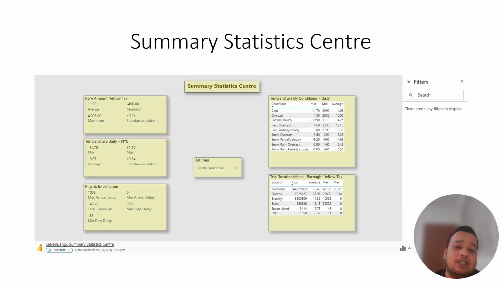For the flight information, the total arrival delay amounts to around 7 million minutes, total cancellations are around 1 million, and total departure delays sum up to 11 million minutes. These statistics provide a comprehensive overview of key metrics and variability within the dataset, offering insight into fare amounts, temperature and variation, and flight delays and cancellations.